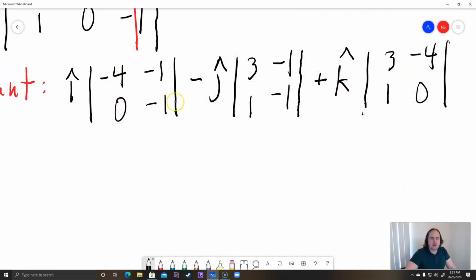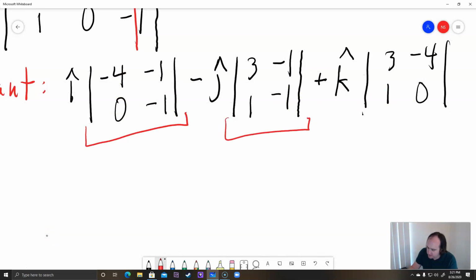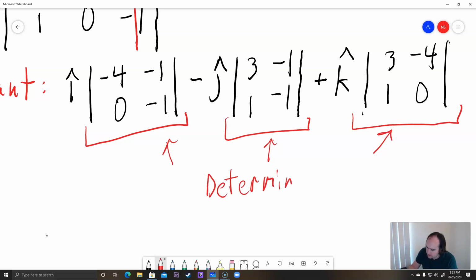Now the only problem is now we have to take the determinant of these three matrices. Okay, we need to take the determinant of each of these. So those are all also determinants. And by the way, if you haven't taken linear algebra before, these matrices here are called 2x2s because they have 2 rows and 2 columns.